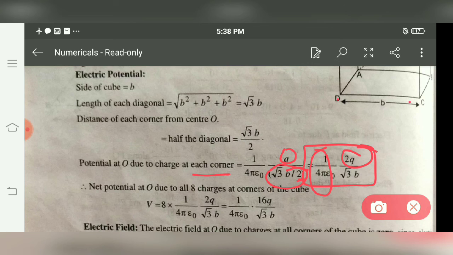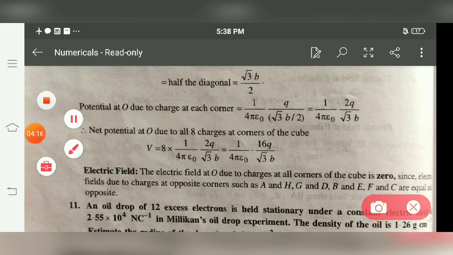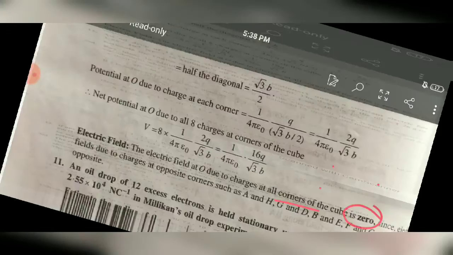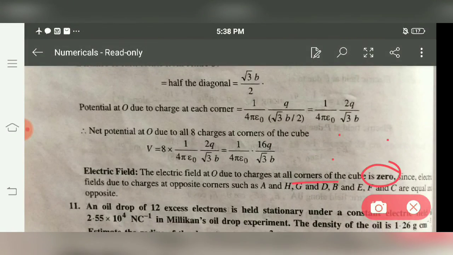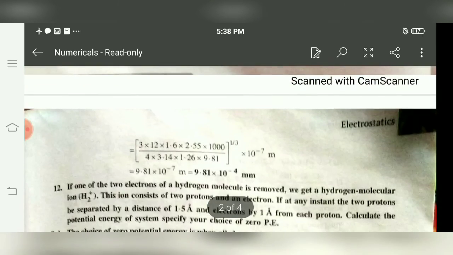But we have 8 vertices, so we multiply it with 8. This is the net potential. Electric field at the center due to all charges present at the vertices will be 0, because each vertex applies the force in opposite direction and they cancel out each other. So net field at center is 0.